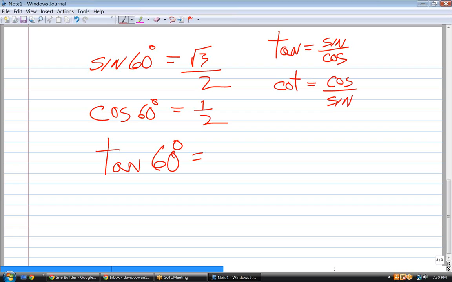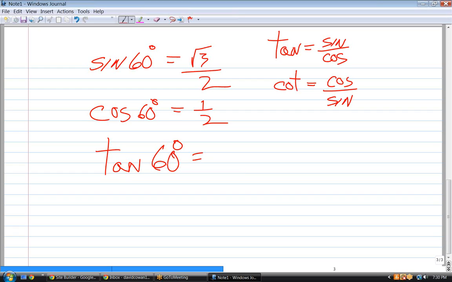There's like 11 basic identities. 6 of them are the reciprocals, 2 of them are the quotients, 3 of them are the Pythagorean identities. And that's 11. Once you memorize those 11 identities, that'll be all for a while before there's more memorization.